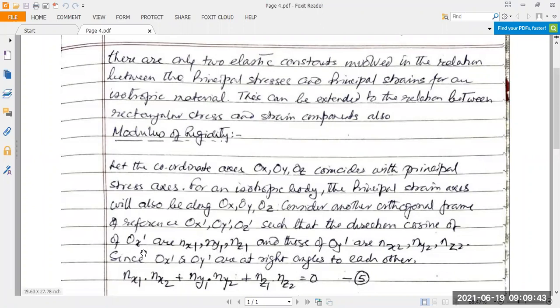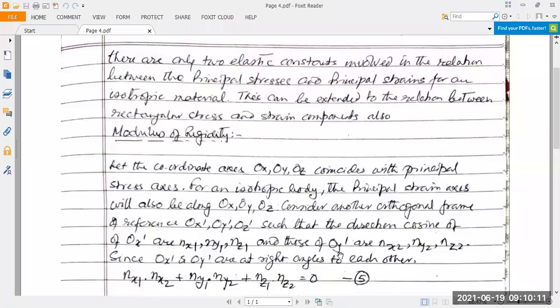That means the change of OX dash has an angular change with the x-axis, y-axis, and z-axis, and the cosines of these angles are given as nx1, ny1, and nz1. Then we consider OY dash, whose direction cosines with the x-axis, y-axis, and z-axis become nx2, ny2, and nz2.